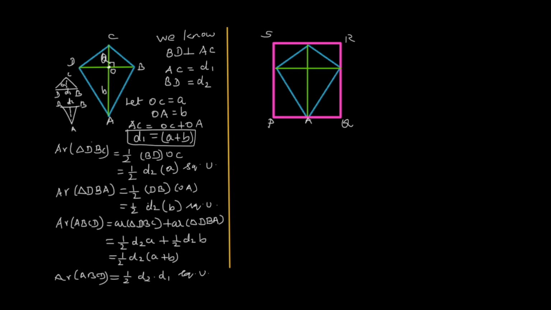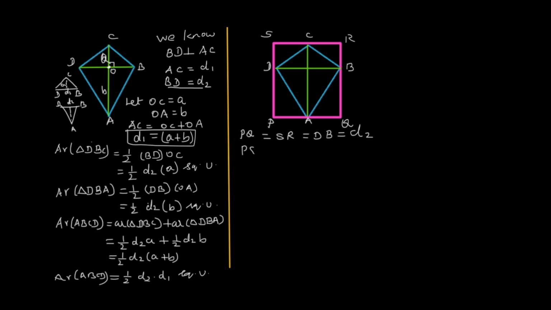So this is the kite ABCD. Now DB length is D2, so our rectangle's length, PQ equals SR equals DB, which is D2, diagonal 2.